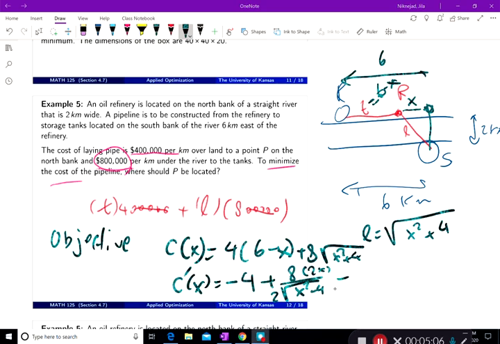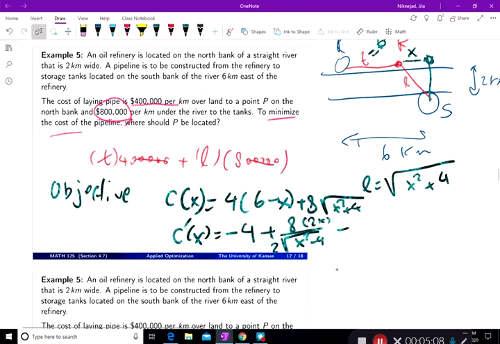This cleans up to negative 4 plus 8x over the square root of x squared plus 4. From here, you want to solve for all the critical points of C, which is setting C prime equal to 0.